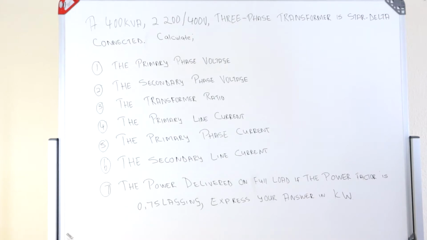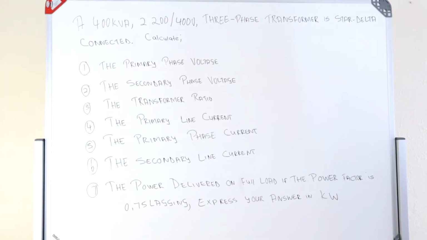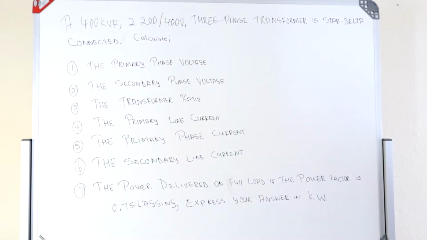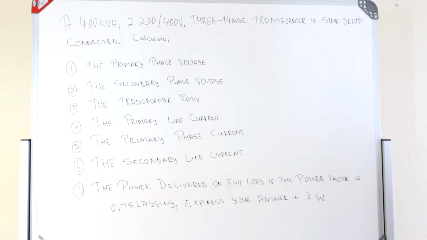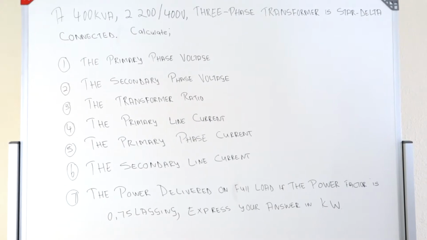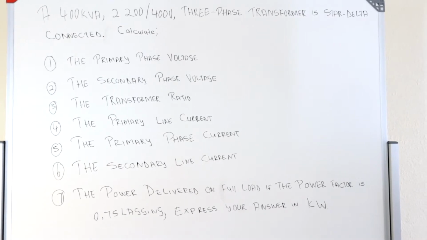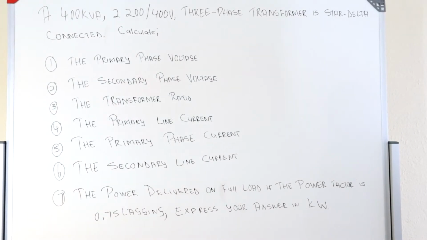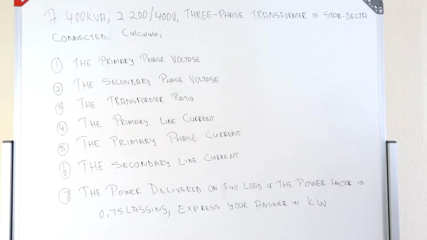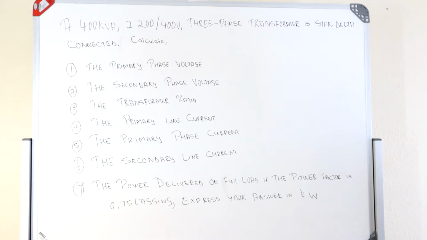Please calculate the primary phase voltage, the secondary phase voltage, the transformer ratio, the primary line current, the primary phase current, the secondary line current, and the power delivered on full load if the power factor is 0.75 lagging. They specifically ask that you express your answers in kilowatts. So please, lighters, write down the question and note it.